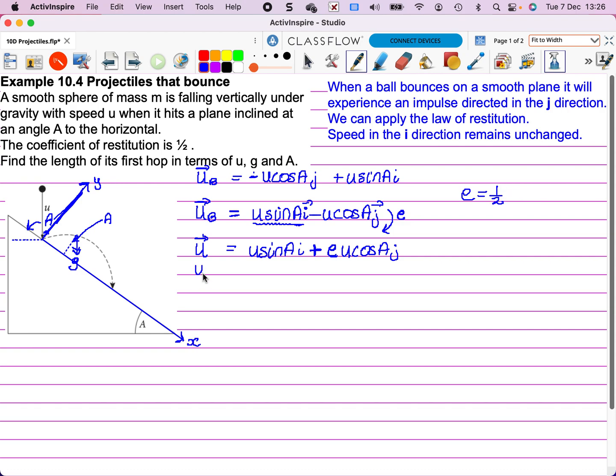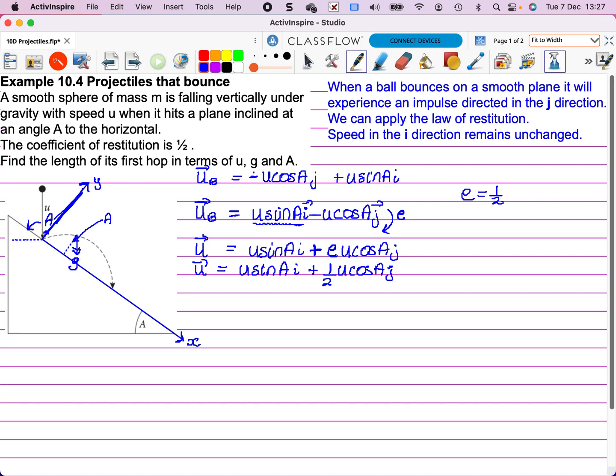So the velocity of the projectile as it leaves the surface is u sine A in the I direction, plus 1/2 u cos A in the J direction. And that's the only thing that is actually new in terms of this particular problem.